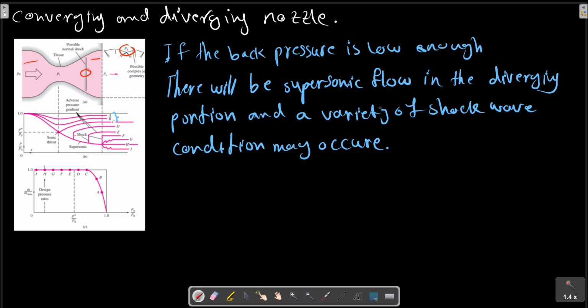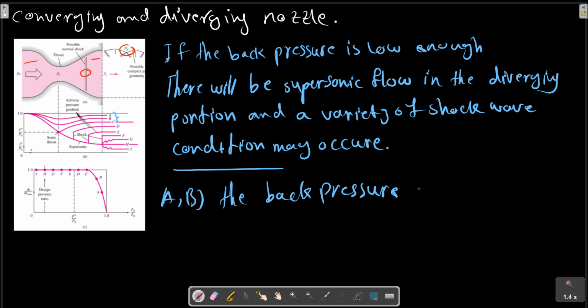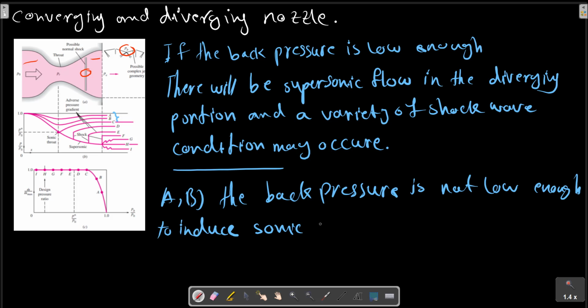The back pressure is not low enough to induce sonic flow in the throat, and the flow in the nozzle is subsonic throughout.